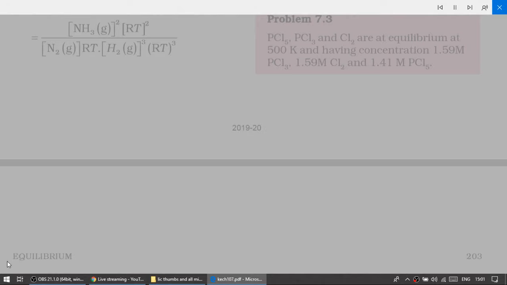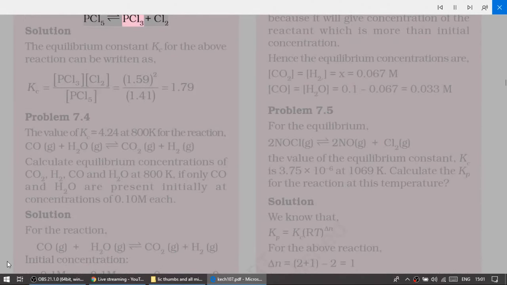Calculate Kc for the reaction PCl5 ⇌ PCl3 + Cl2. Solution: The equilibrium constant Kc for the above reaction can be written as Kc = [PCl3][Cl2] / [PCl5] = (1.59)² / 1.41 = 1.79.